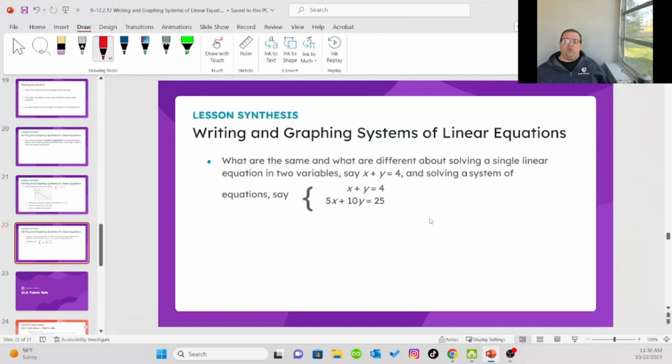What's different is that when we're talking about a system of equations, we want to know any point that makes them both true at the same time. So when we looked before, every point on the black line made the top equation true. Every point on the blue line made the bottom equation true. But only point C made both of them true at the same time.